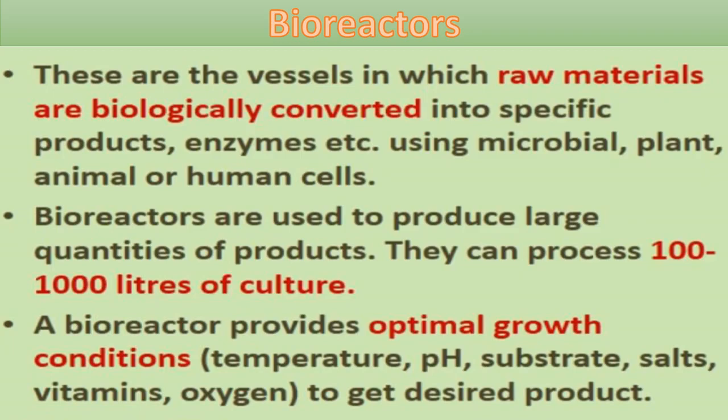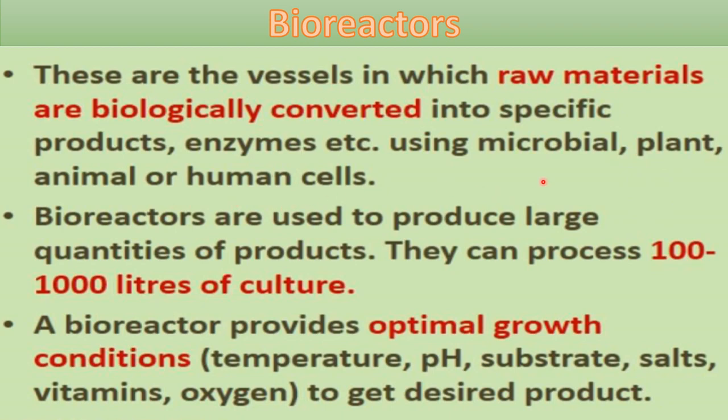Bioreactors are large vessels in which raw materials are biologically converted into specific products. The raw material is converted into products like proteins, any type of medicine, and enzymes using microbial, plant, animal or human cells.